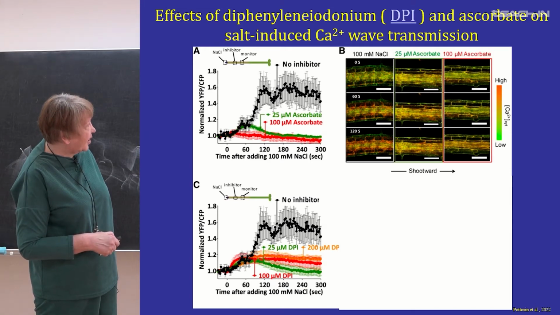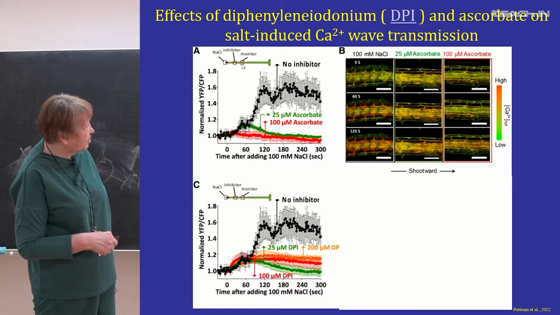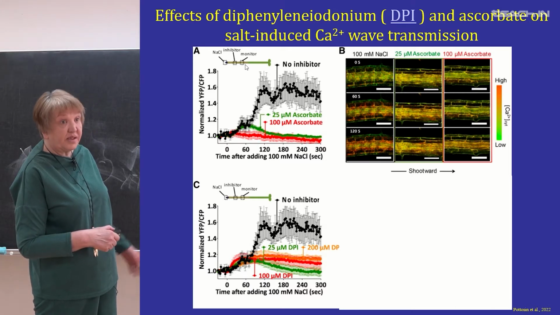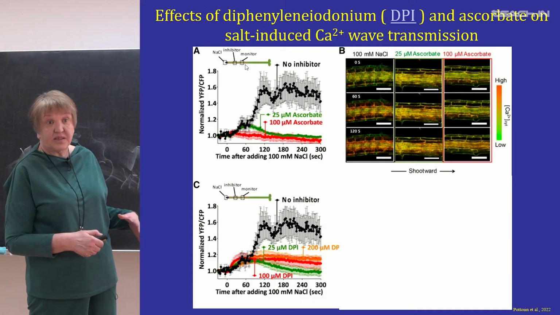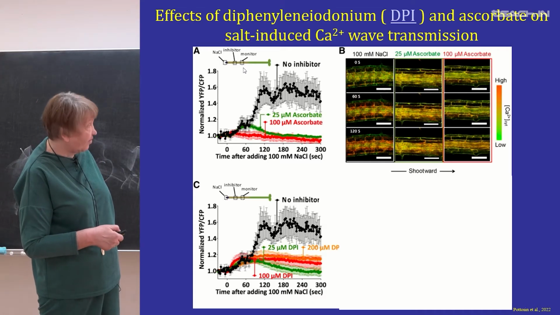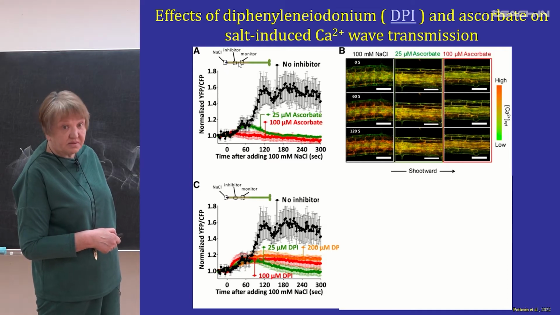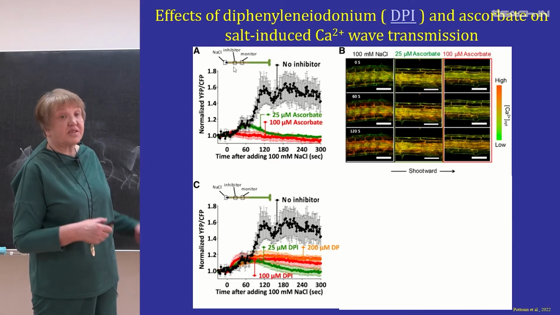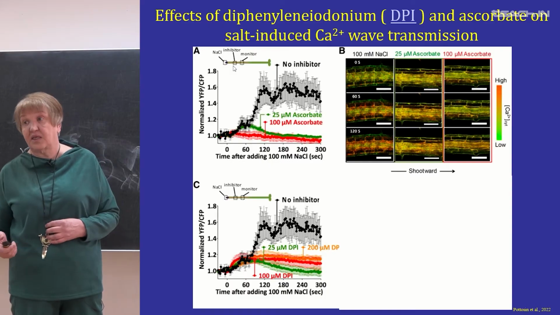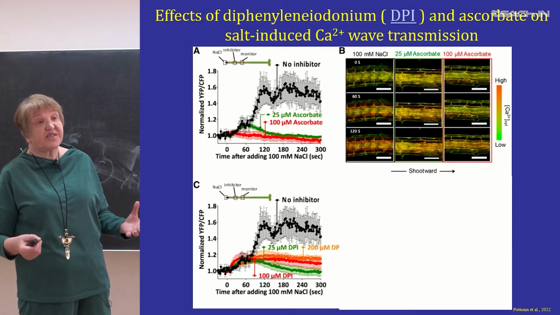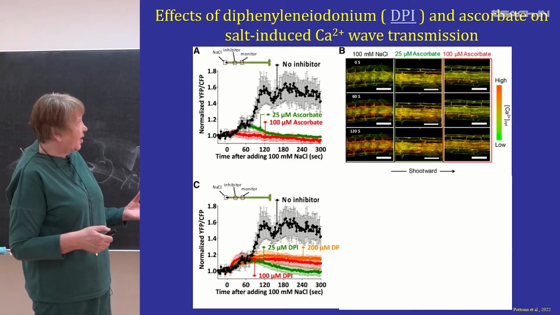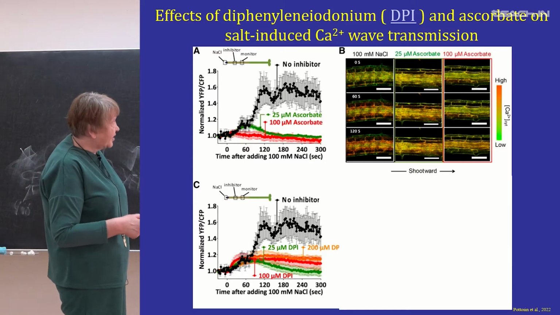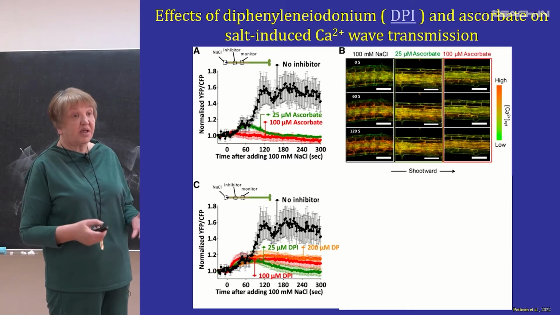Then the actual response is monitored at a distance. There is some distance between the site of application of the stress, and we know that sodium chloride causes an immediate and huge increase in calcium. And it spreads over the plant.